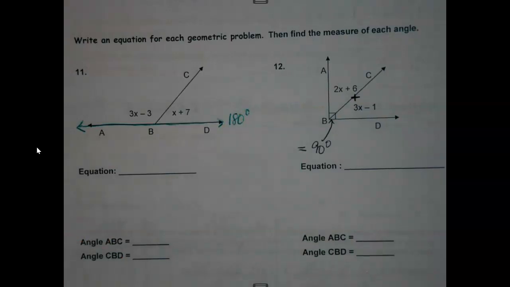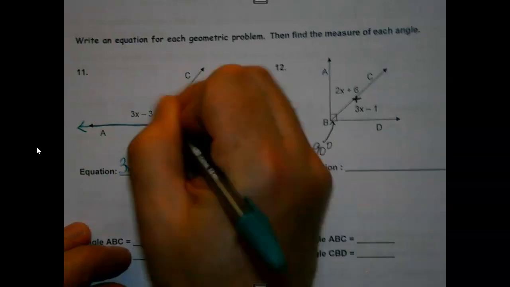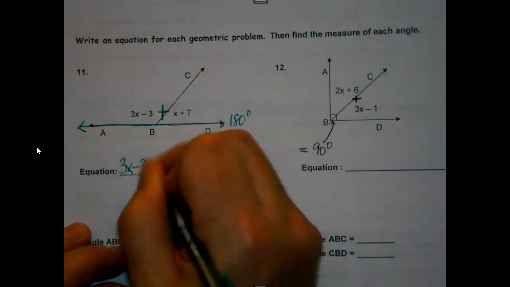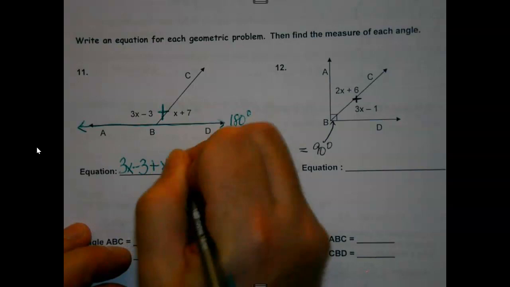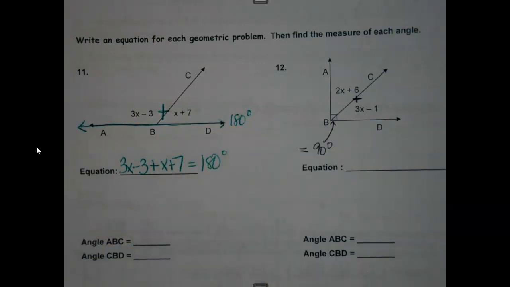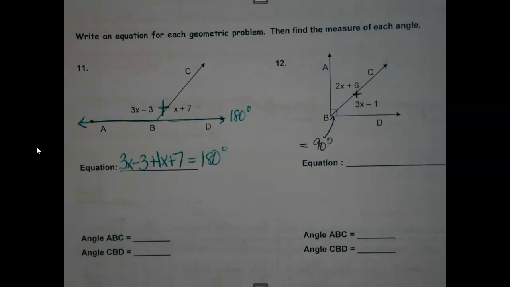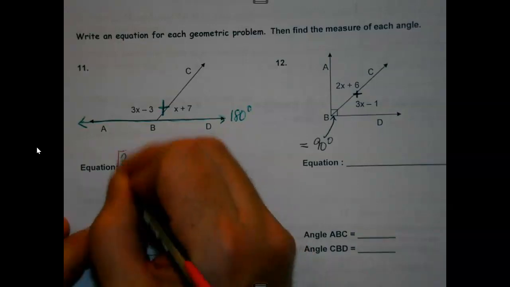So 3x minus 3 plus x plus 7 is 180. So before I go to try and solve this, I notice on the left side, there's a bunch of stuff with like terms that I can put together.